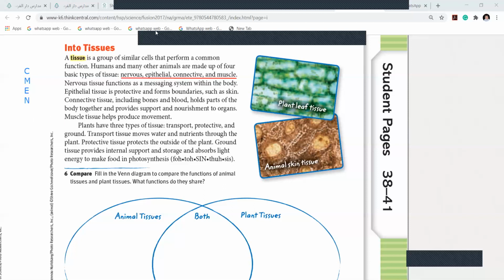Now see here, girls, just try to remember this way. When I say nervous, that means messaging system, that is brain. When I say epithelium, remember? Skin. Now, connective.